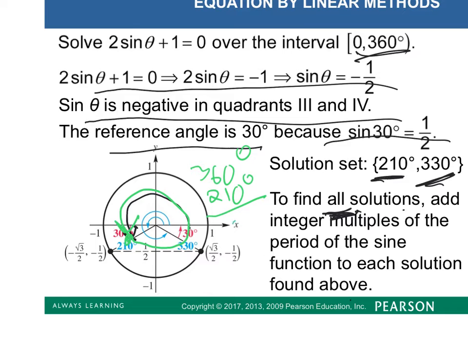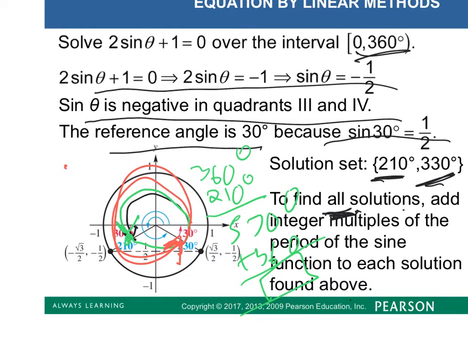That'd be 570 degrees. I could go around again plus another 360 and get another answer. Now, if I go with this 300 degree angle, I could add 360 to that.